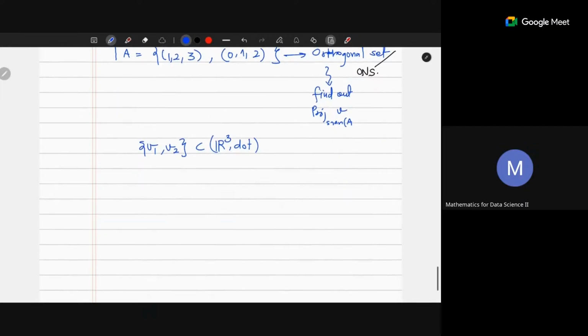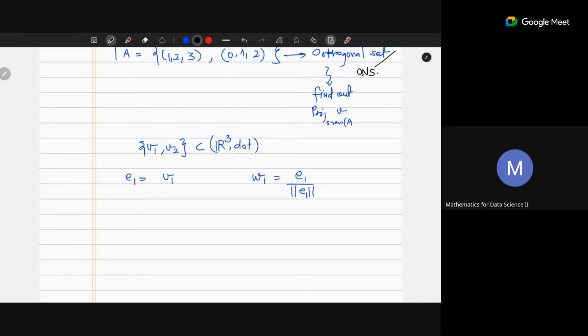So I start with my E1 to be just V1 itself. Further, I will consider W1, which is going to be E1 divided by norm of E1.